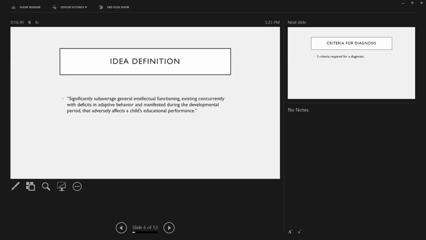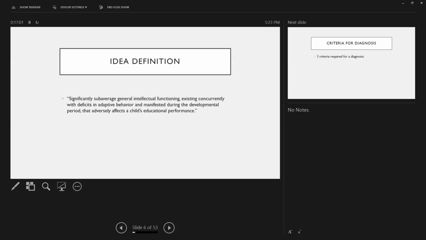So, how does the Individuals with Disabilities Education Act define intellectual disability? Significantly sub-average general intellectual functioning. And this is an important part of the definition. Existing concurrently with deficits in adaptive behavior, and manifested during the developmental period, that adversely affects a child's educational performance.